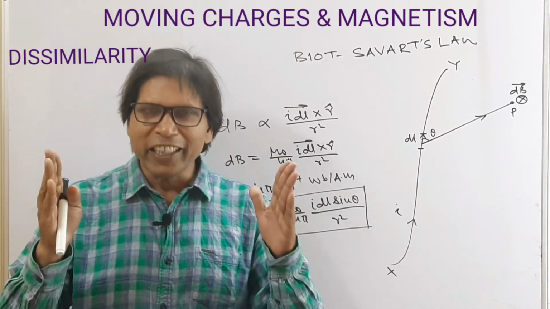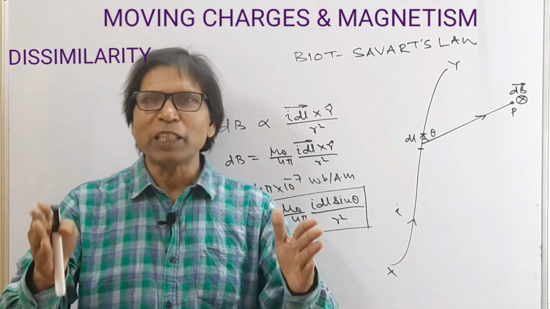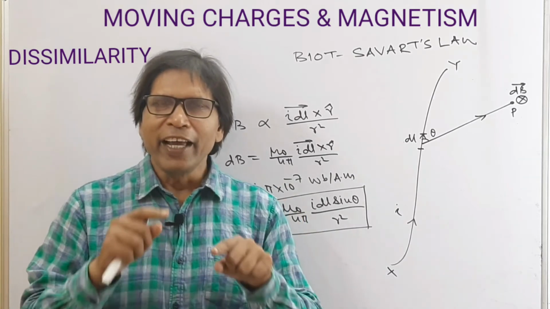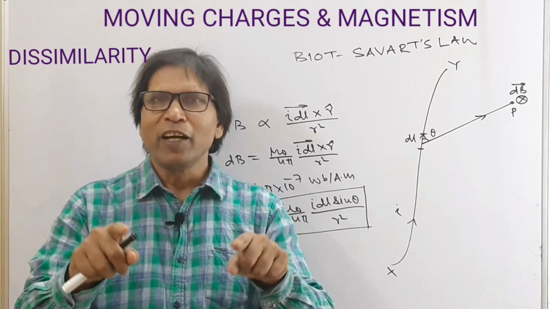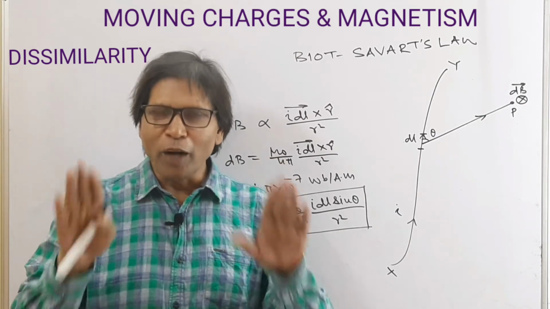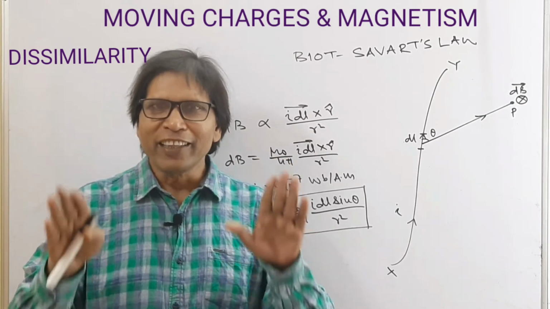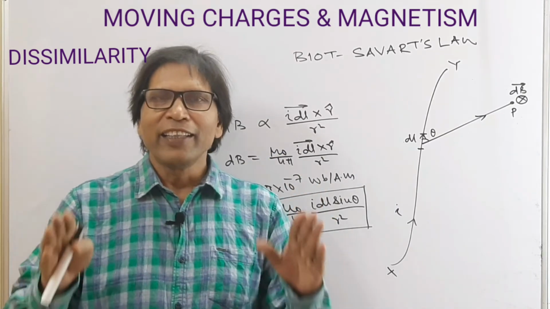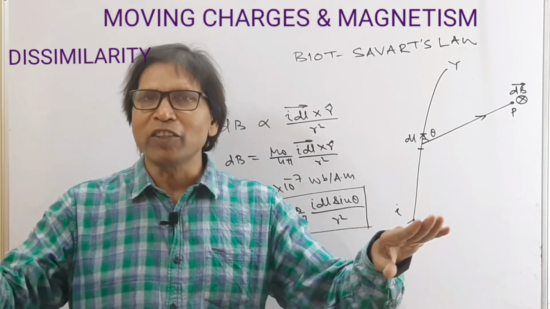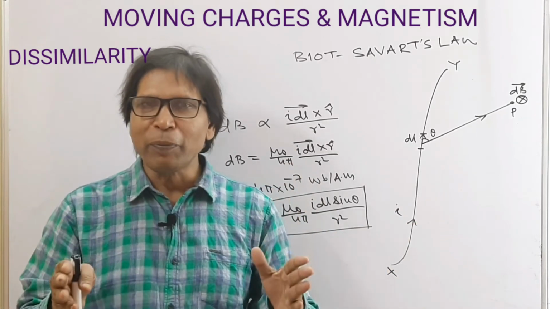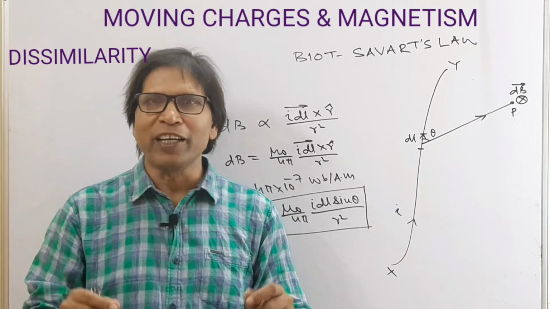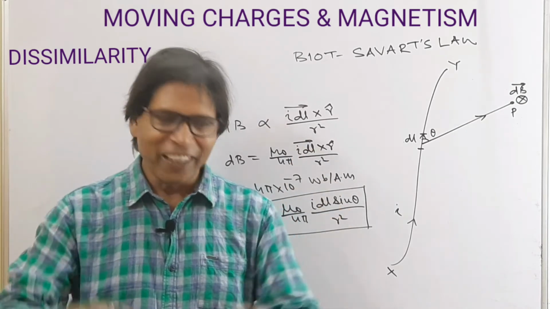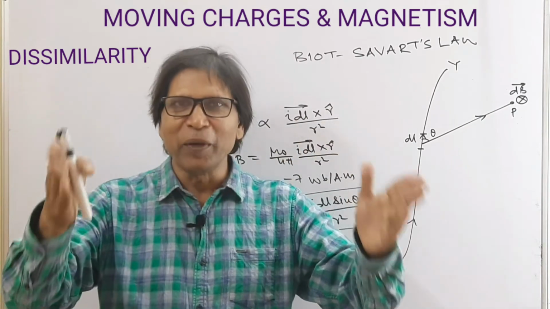Number 2, the electric field is directed along or towards the charge, but the magnetic field is normal to the plane containing the source and r vector. Finally, the electric field does not depend on angle, but the magnetic field depends on the angle between I dl vector and r vector. Okay, now a numerical.